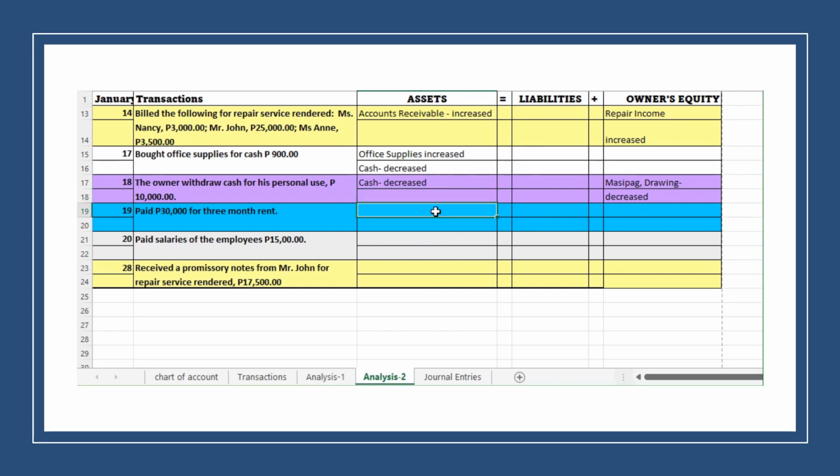If the owner withdrew cash for personal use, your entry would be masipag drawing and then credit cash. 19. Paid 30,000 for 3-month rent. Okay, let us go to the chart of account. If we can see the account title that is pertaining to the prepayment.